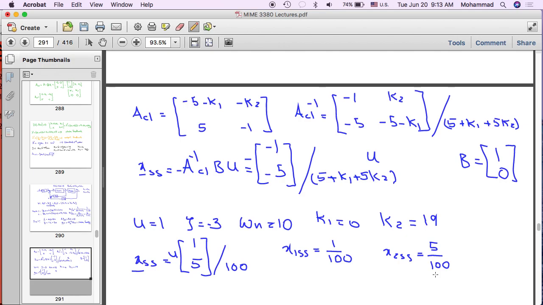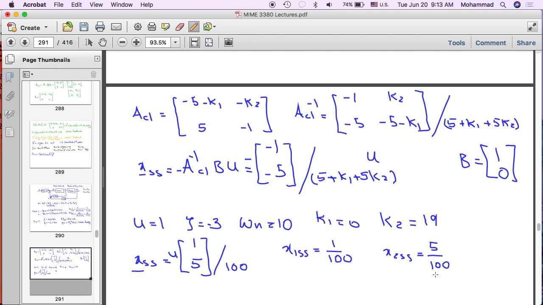If you're nodding yes, you're correct. And if you're shaking your head no, you're also correct. Meaning that the controller is doing part of what it's supposed to do, but not entirely. Remember, we said the controller has two essential jobs. One is to shape the transient portion of the response, and our controller is doing a fine job doing that.